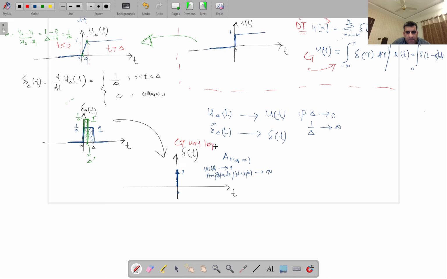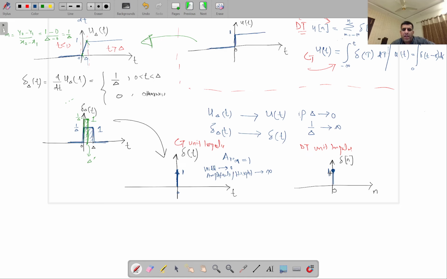The continuous time unit impulse is always going to be drawn with an arrow, and the discrete time unit impulse, delta of n, although we have plotted it before in the previous lecture, just to revise, is always going to be drawn like this with a sample value. So this is the discrete time unit impulse.